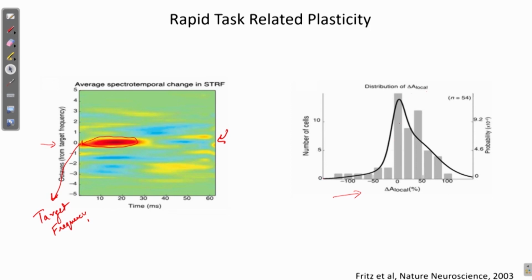There are many neurons that do not change at all in terms of that delta A local. However, a significantly higher number of neurons show a very large change, the same as the overall average, which means that overall there is a tendency of the neurons to selectively amplify the target frequency.